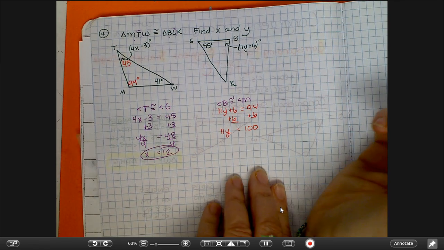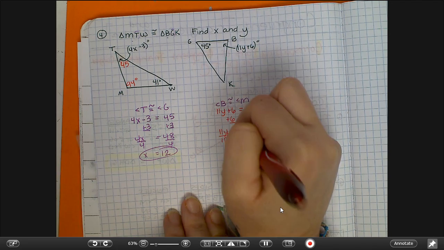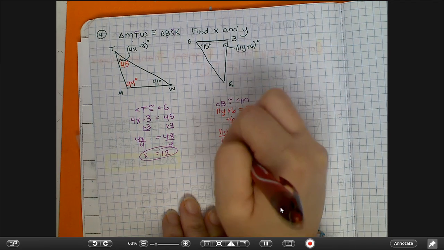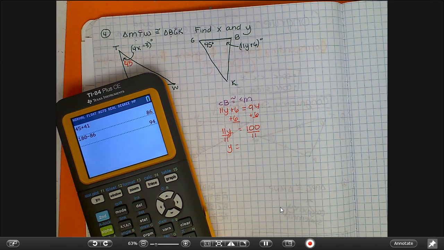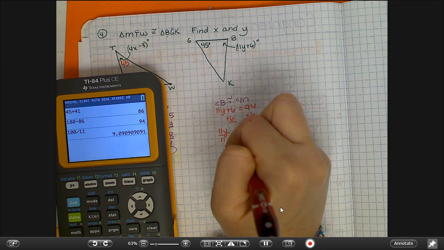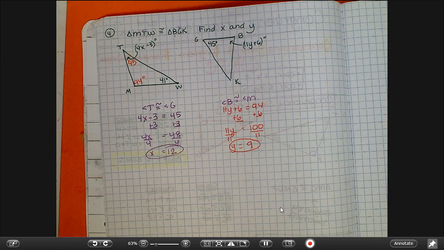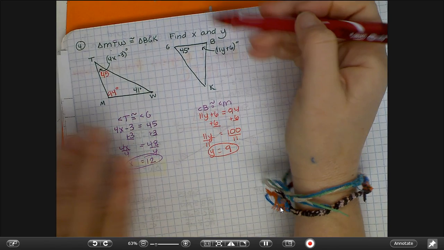Apparently that's not going to come out beautifully. Which is about 9. And that's making me second guess myself, like maybe I made a mistake. So let's just double check everything.